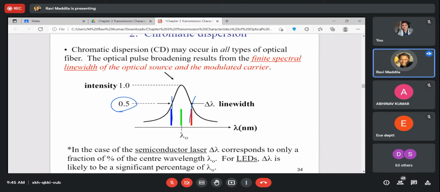Fine. Now, there are different types of sources which can be used to transmit these optical pulses. You can see that what is mentioned here is a semiconductor laser. Have you heard about a laser? Anyone who's heard about a laser?